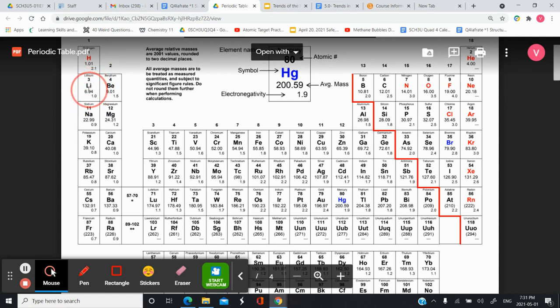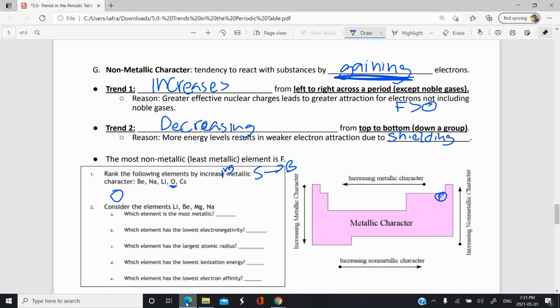So lithium's the least metallic, then sodium, and then cesium is the most metallic. So it would be lithium, sodium, cesium. We do need to compare beryllium to something.